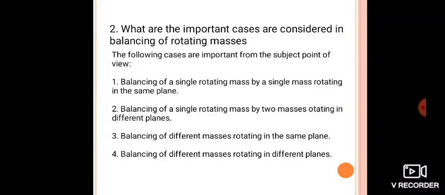Second, balancing of a single rotating mass by two masses rotating in different planes. Third, balancing of different masses rotating in the same plane. And fourth, balancing of different masses rotating in different planes. These are the important cases to be considered during balancing of rotating masses.